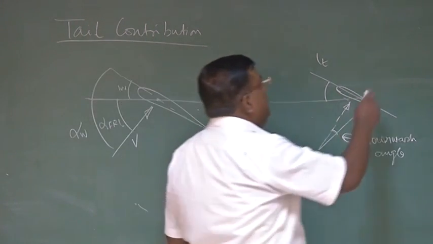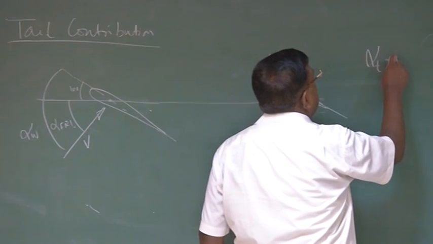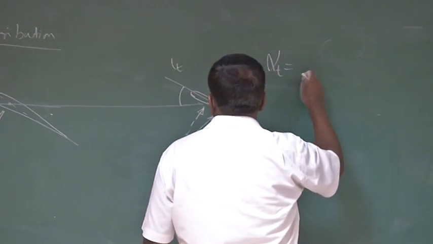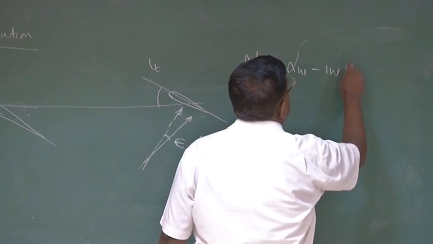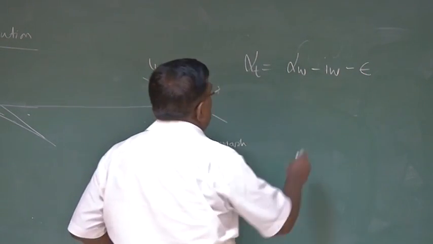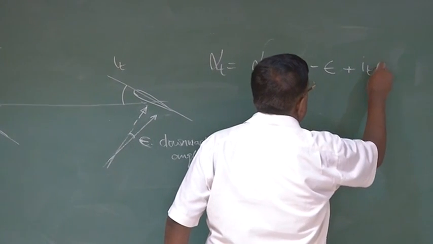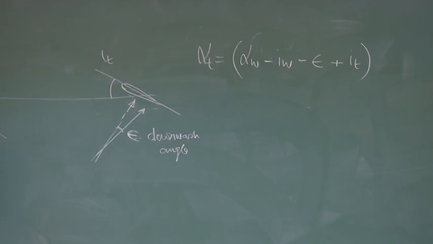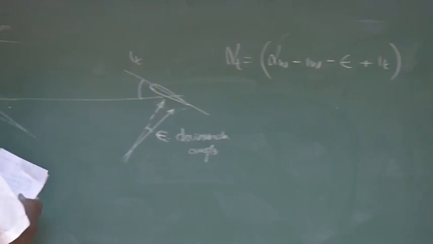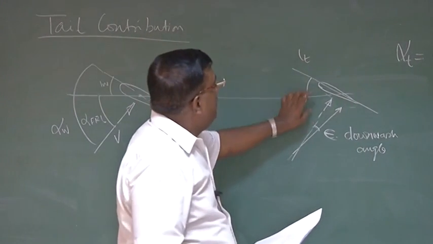So if I try to write what is the angle of attack seen by the tail, I will write alpha w minus iw, whatever was there, minus epsilon plus it. That's all. If there were no downwash, then the angle of attack at the tail would have been alpha FRL plus it.